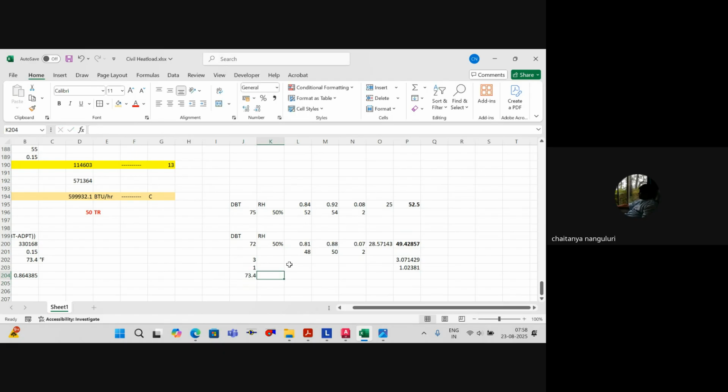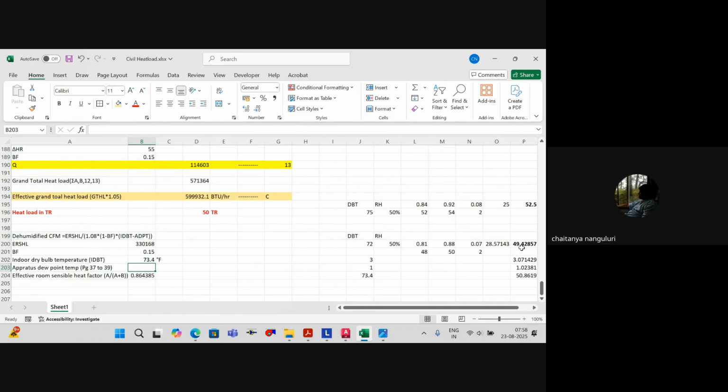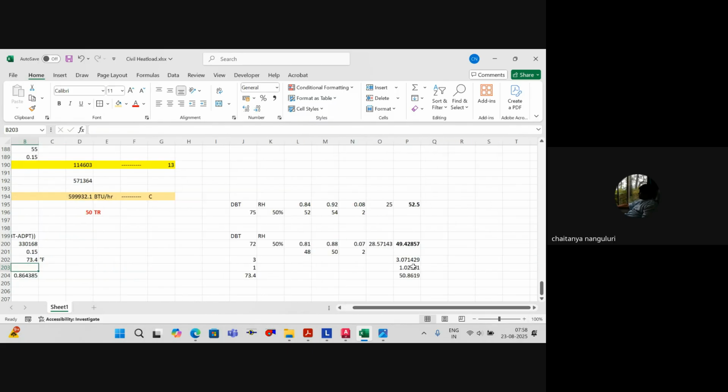How much will it be? Is equal to 72, whatever I have, plus 1.4 into the difference between those two values. So it is around 50.86. So my apparatus dew point temperature finally is this.